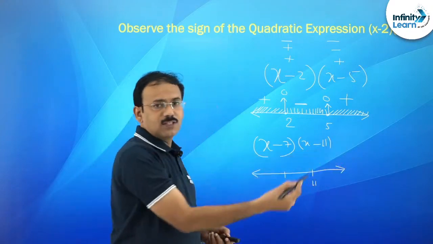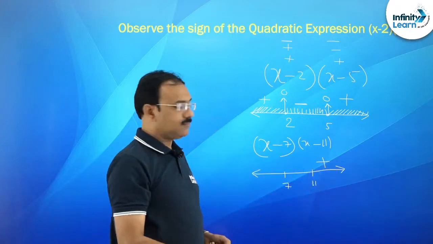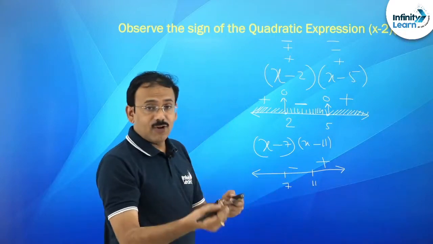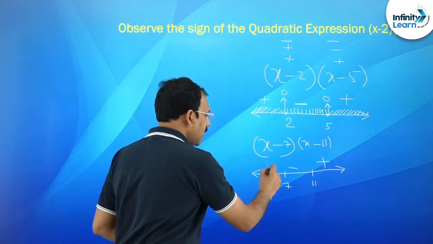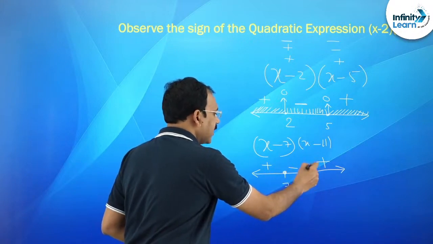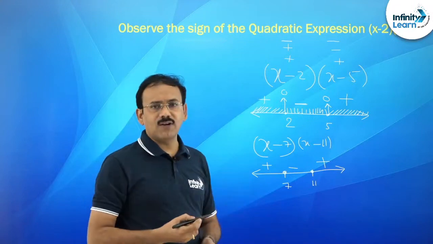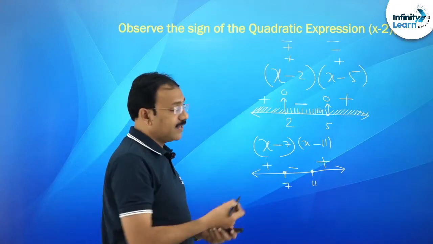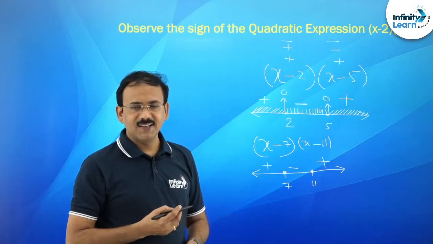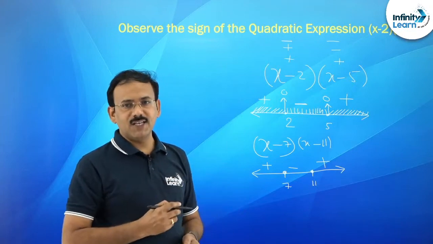For all values more than 11, positive into positive, it is positive. Between 7 and 11, it is negative, and for less than 7, negative into negative, positive. At 7 and 11 the expression becomes 0. This is true for any quadratic expression in the format (x minus alpha) into (x minus beta), is it not? Now, with the help of this I am going to solve quadratic inequations.